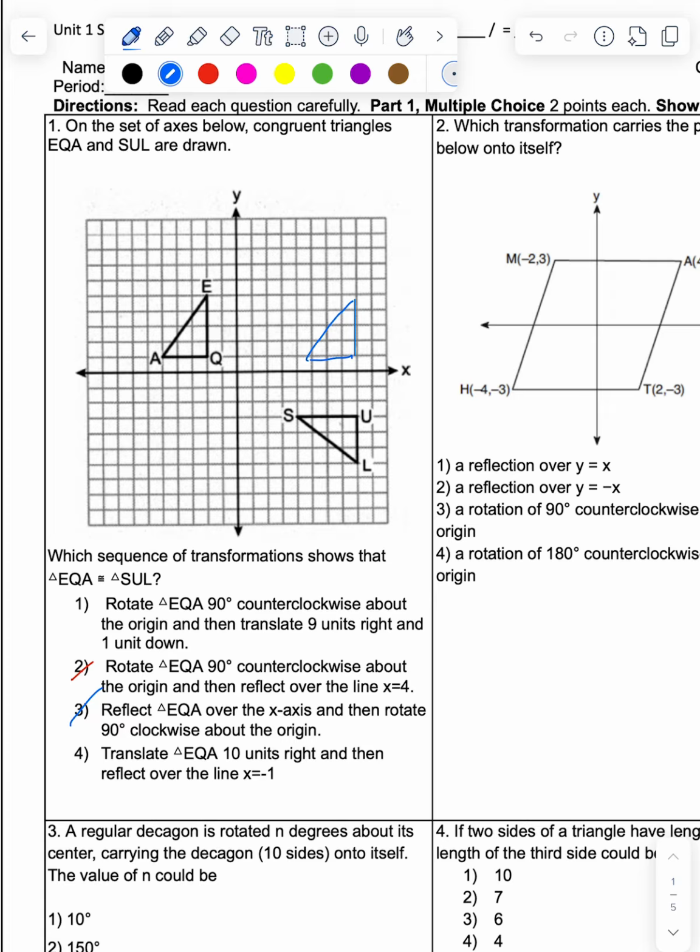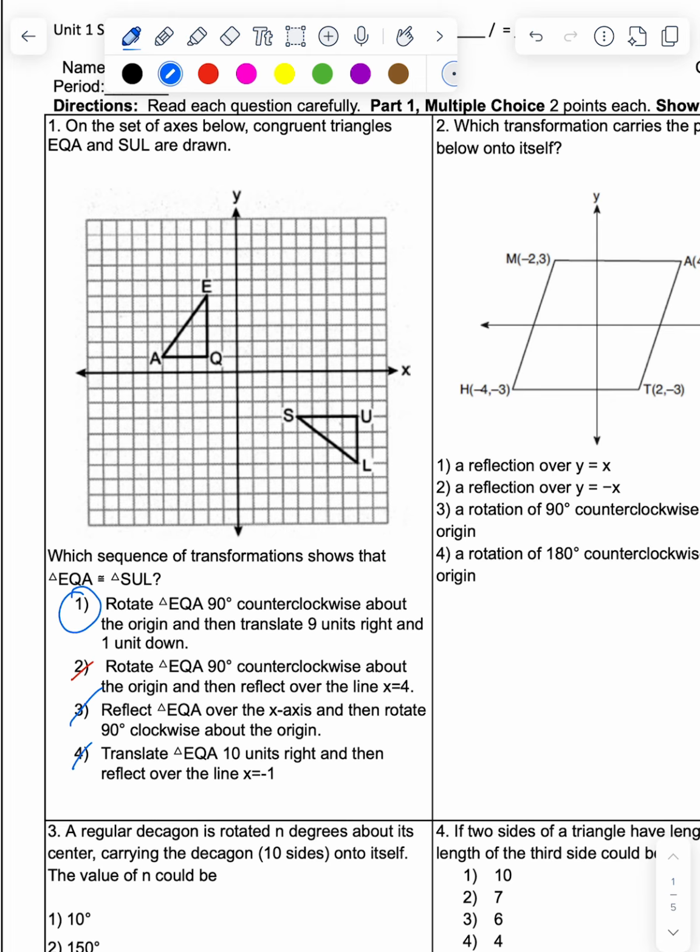Okay. And then reflect over the line x equals -1. Well, the line x equals -1 is over here. So if we reflect over that line, it's going to land over here to be equal distance. So it's going to jump over the line onto the side. So it's not going to go down here, which is where we need it to go. So answer choice number 1 is the only one that is reasonable here.